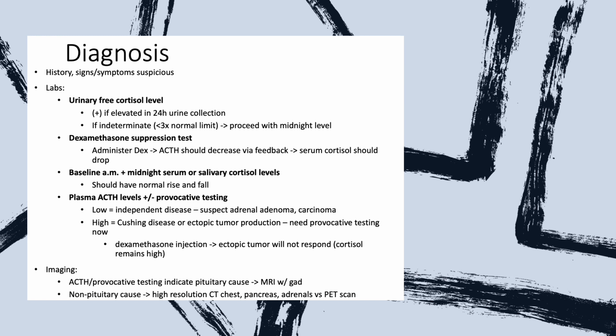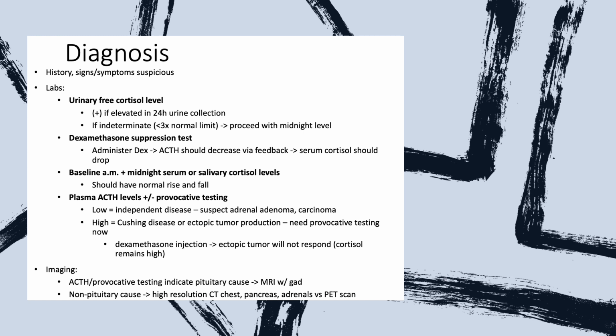So we will administer dexamethasone, and in that case, the tumor that is hypersecreting is not going to respond. It doesn't have that feedback mechanism that the pituitary and hypothalamus do. So the cortisol will remain high, and in that case, we're going to be doing a lot more scanning.